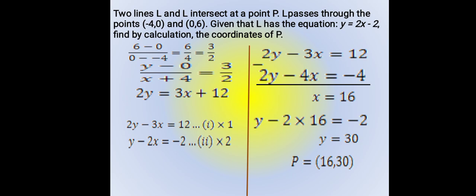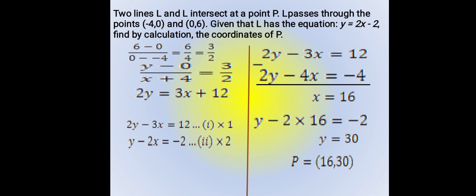We have our line which we have found to be 2y is equal to 3x plus 12, and we have the line that we have been given. Those are two equations. We want to make them equal, or we want to find the value of x by substitution.